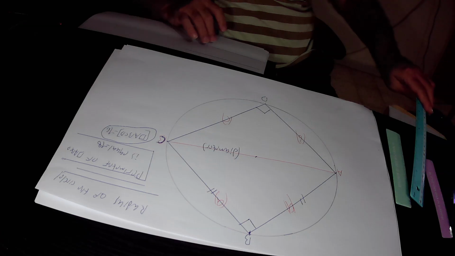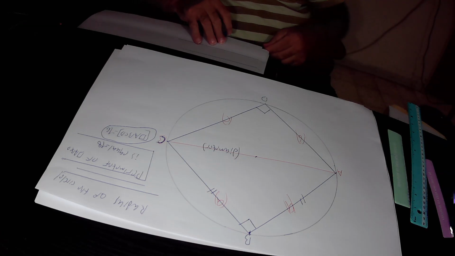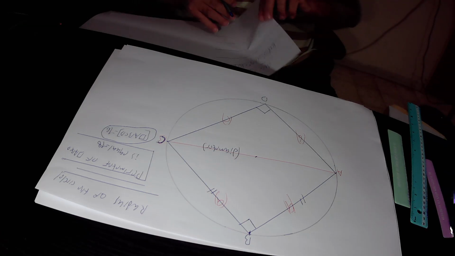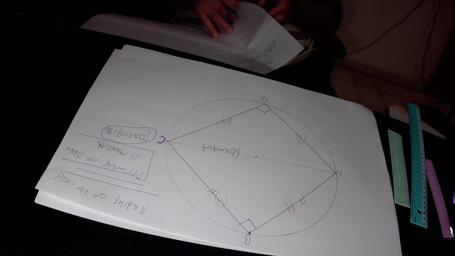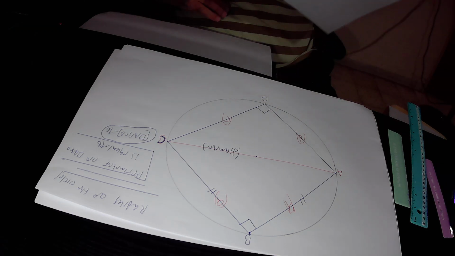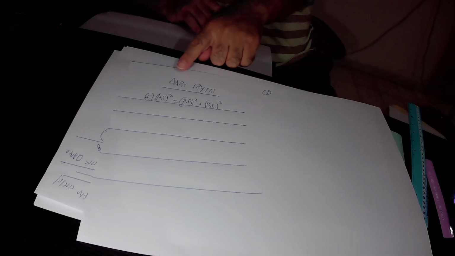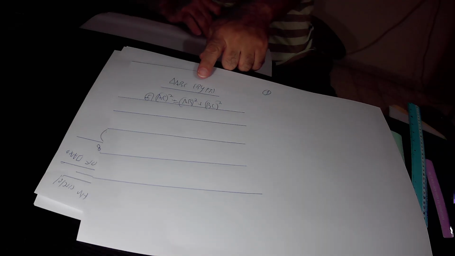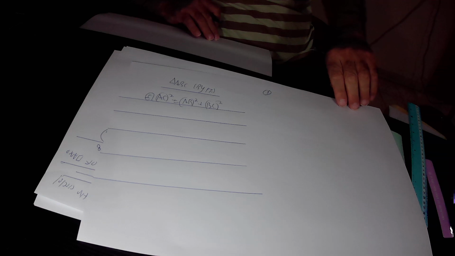Again, in triangle ABC according to the Pythagoras theorem, AC squared, that is the square of the hypotenuse, equals AB squared plus BC squared.